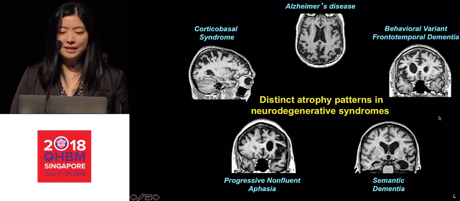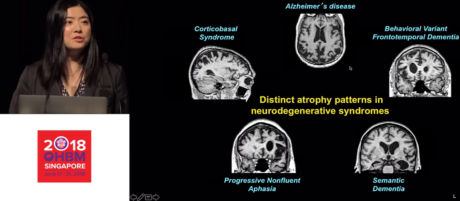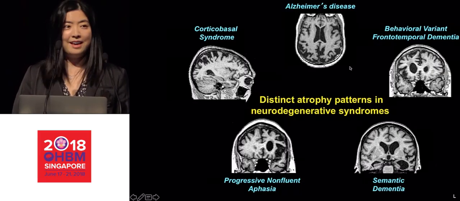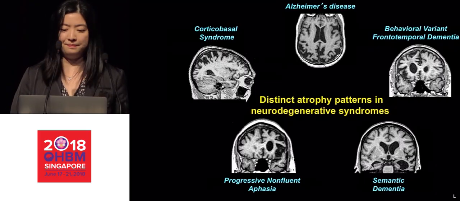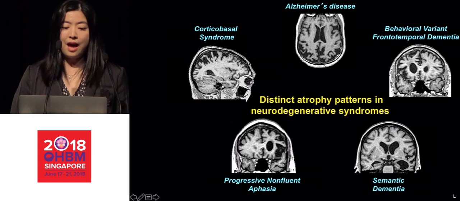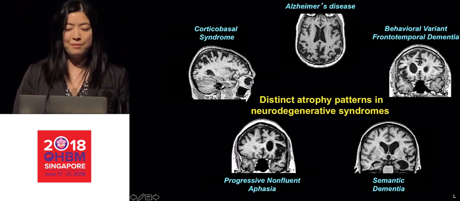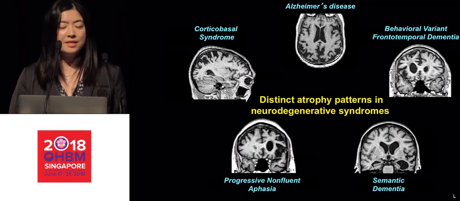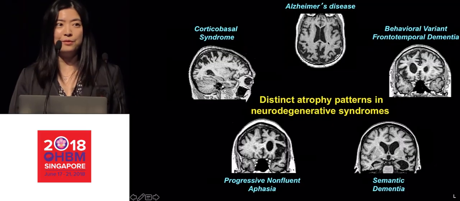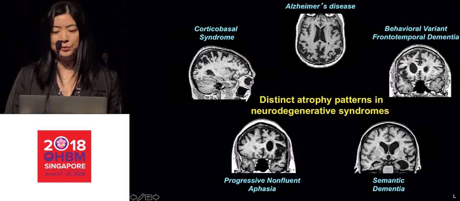Here are the T1-weighted structural MRI of patients with 5 different neurodegenerative disorders. As you can see, each has very distinct atrophy patterns. From the top, Alzheimer's disease, in short AD, usually loses episodic memory and visual-spatial function, causing atrophy in this posterior hippocampal-temporal, posterior cingulate cortex, and bilateral parietal network.